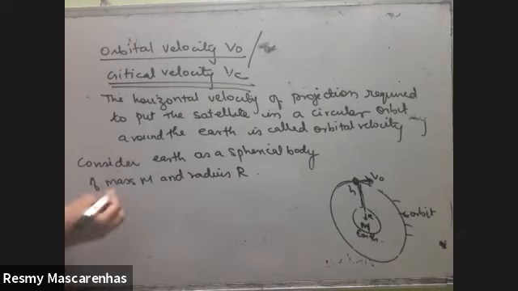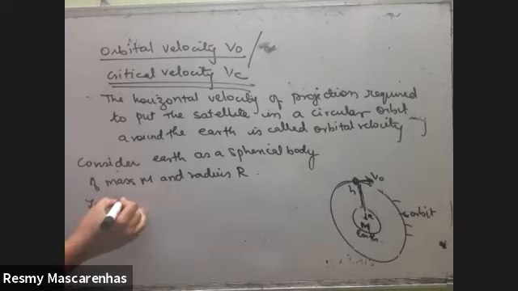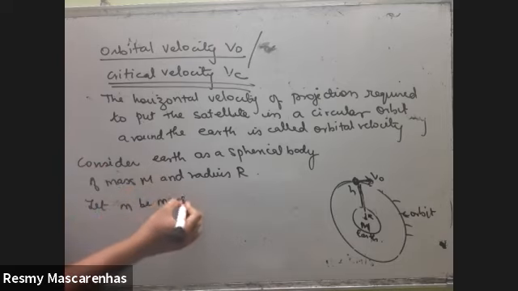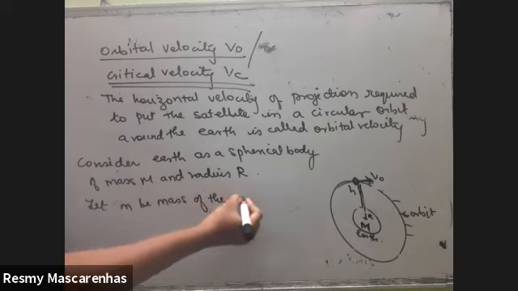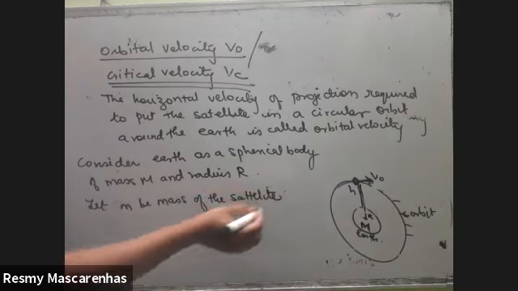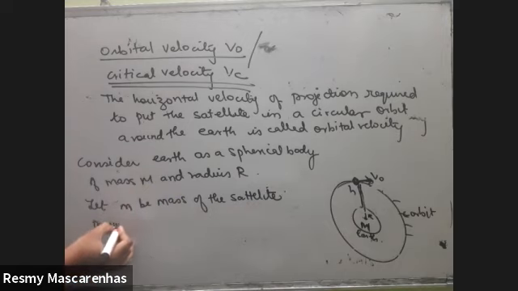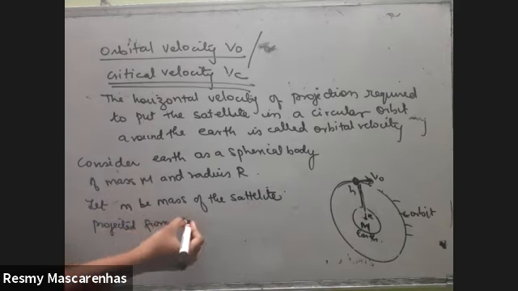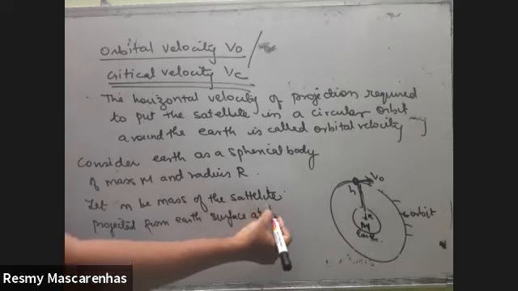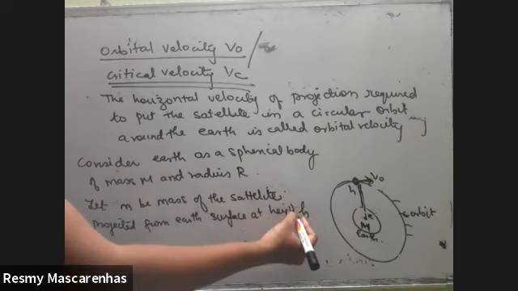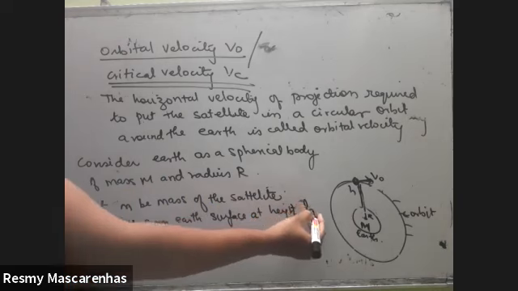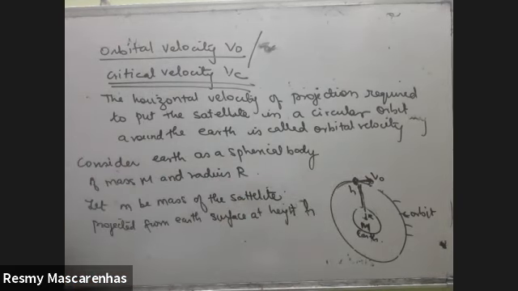Now let small m, this is capital M and this is small m, the mass of the satellite, be projected from Earth's surface at height h. From here to here it has been projected.